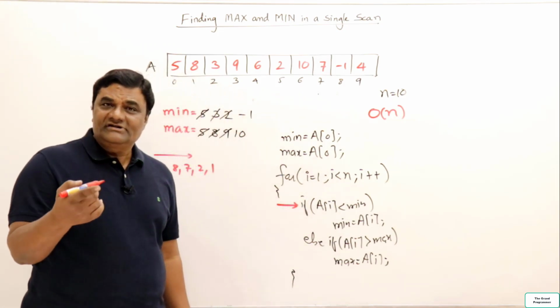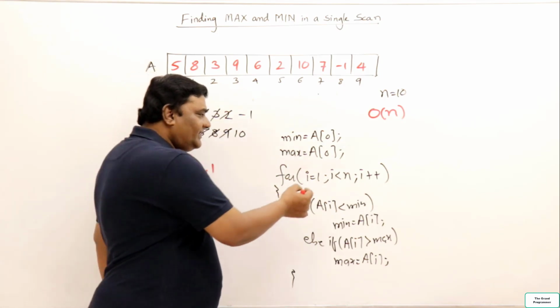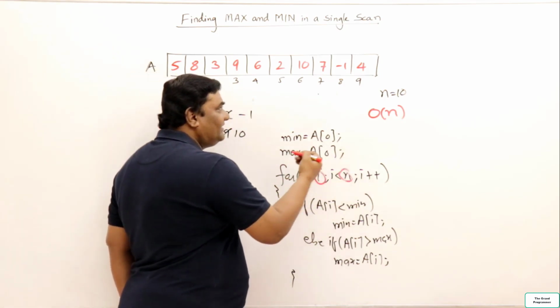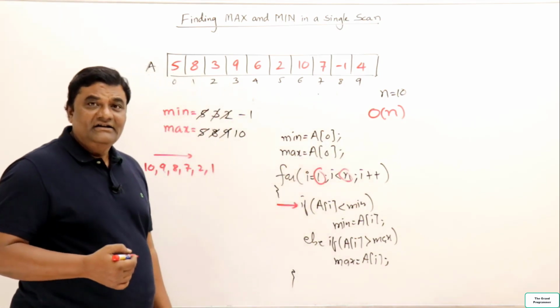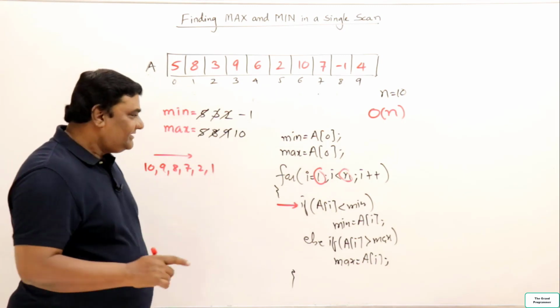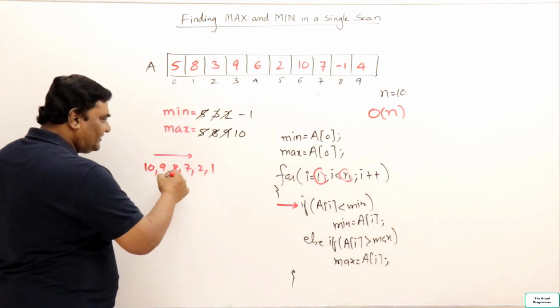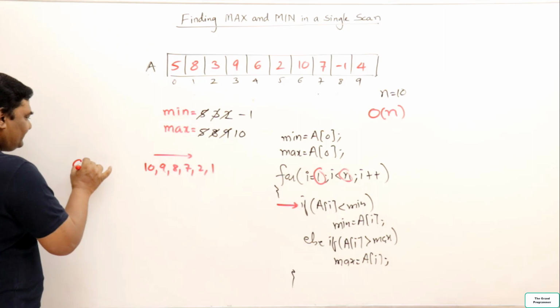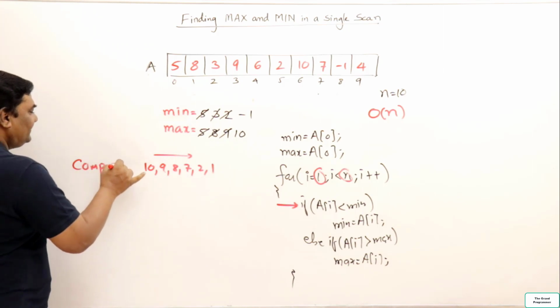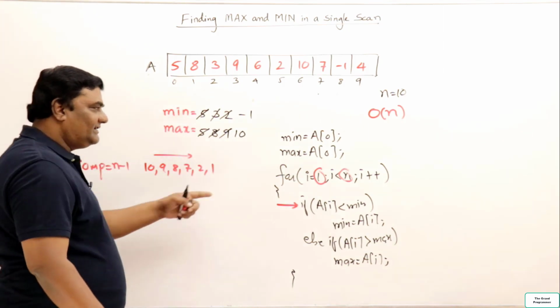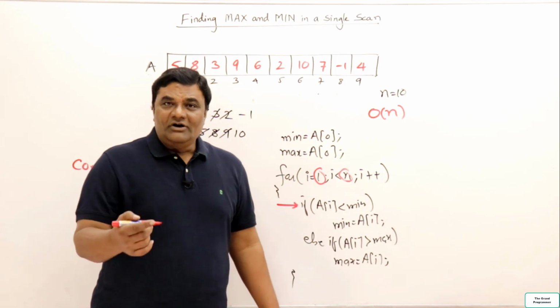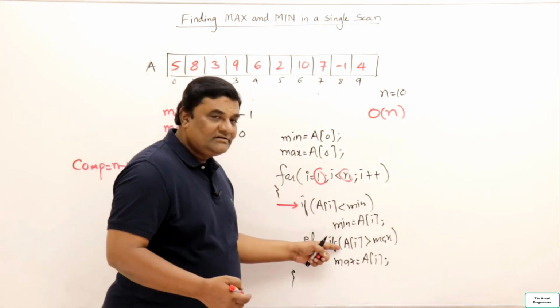So how many times will the condition be executed? As we are starting from 2 and stopping at n, except one element, the total number of comparisons for this case will be n minus 1, right? One less.